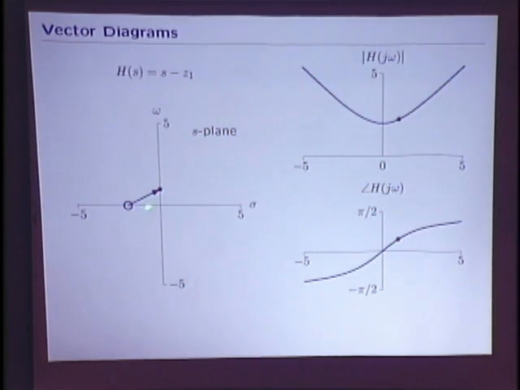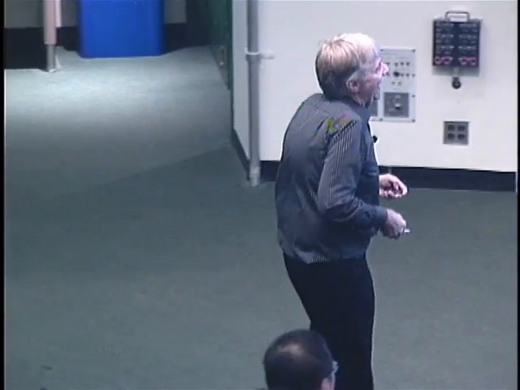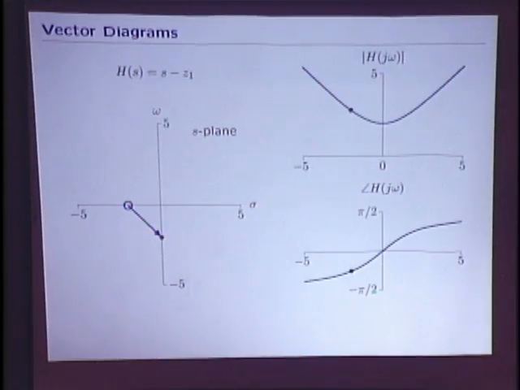The angle that's made with the x-axis is now slightly positive, so that's illustrated by the fact that the angle is deviating from 0. And in general, I can think about the frequency response as just how the length of this vector changes as I change omega. The change in length tells me the magnitude, the change in angle tells me the phase. Same thing happens if I do minus omega.